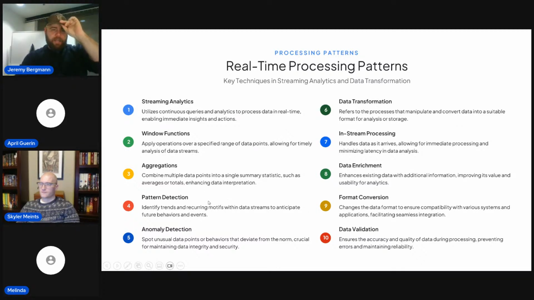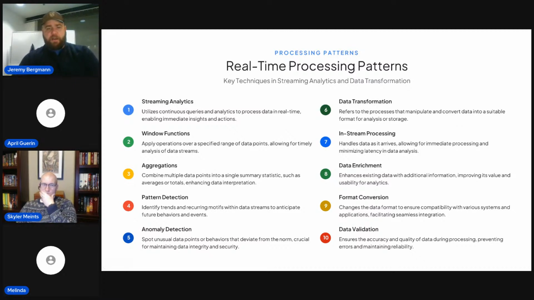Pattern detection, detect patterns within the data to anticipate future behaviors and events. You can do anomaly detection. We talked about that with fraud, seeing if there's activity that's way outside of the norm. Data transformation, doing that in real time. In-stream processing, handling it as it arrives.